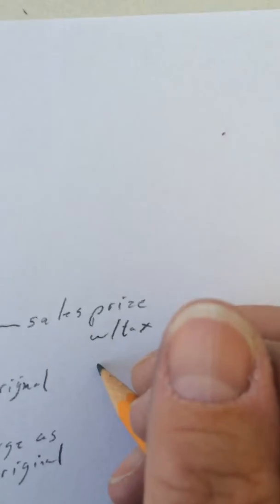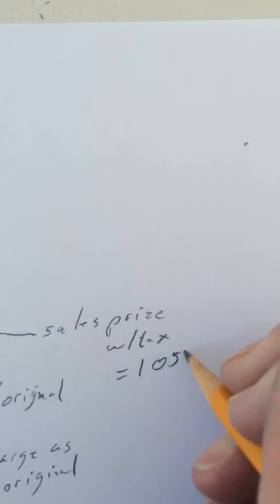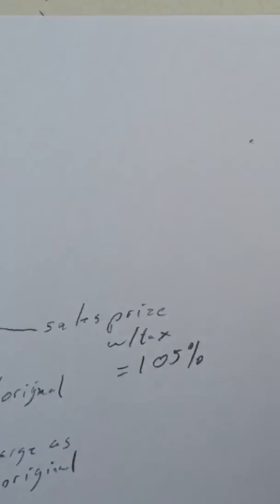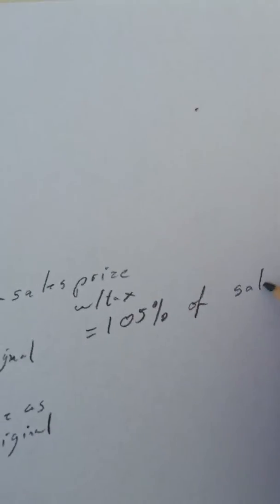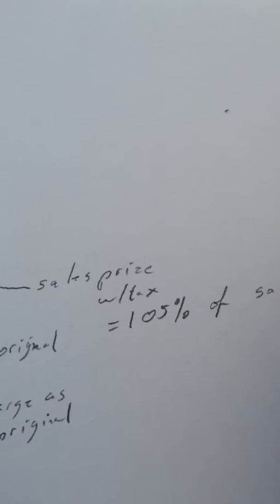So the sale price with tax is equal to 105% of the sale price. Okay?